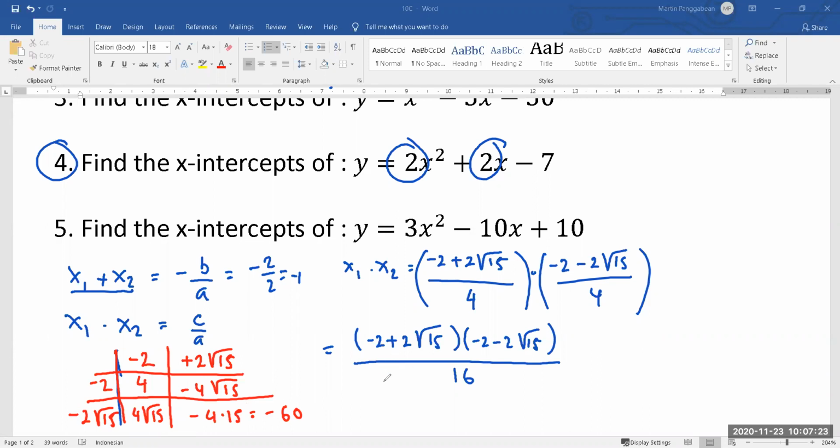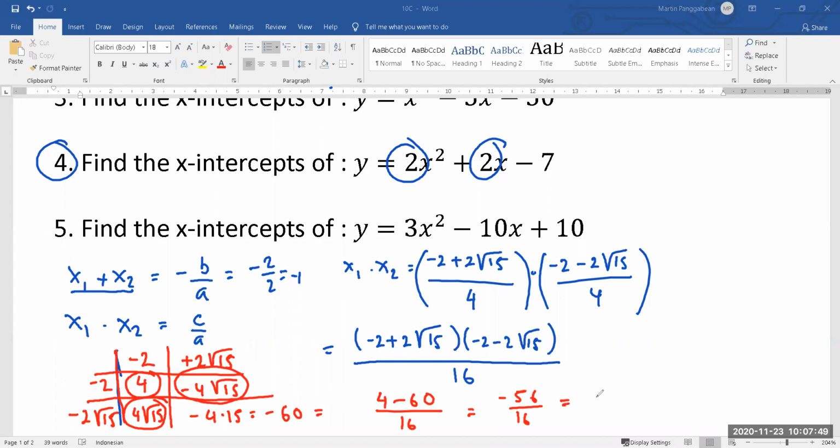So in the end, the numerator is 4 minus this plus this, which is 0, minus 60, over 16. So it equals negative 56 over 16.